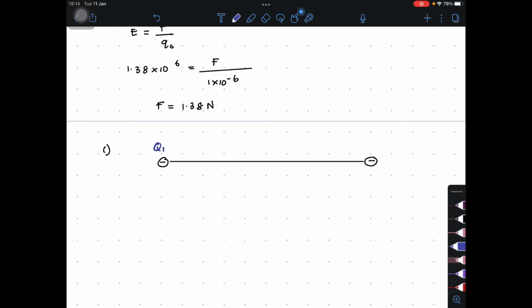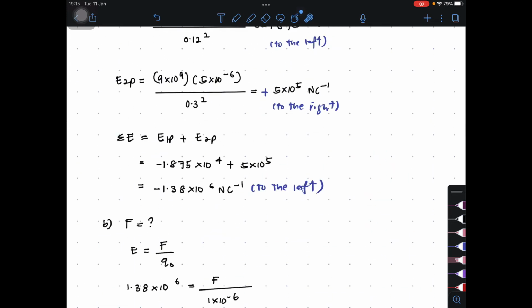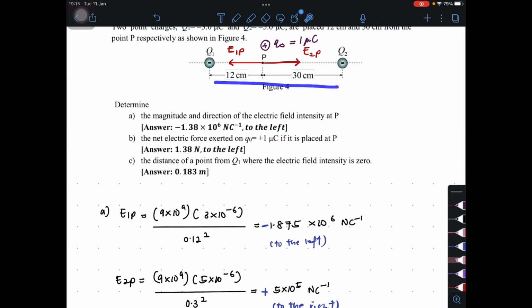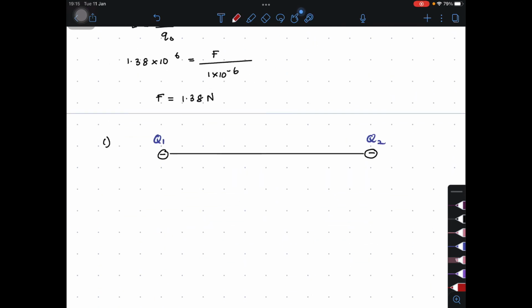This one Q1, this one Q2, and the distance from here to here is 12 plus 30, which is 42 centimeter, or we can convert it to 0.42 meter.